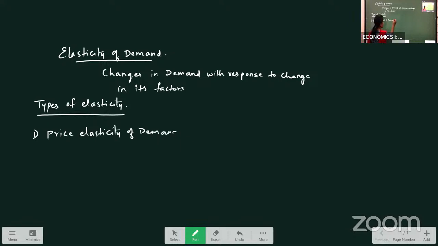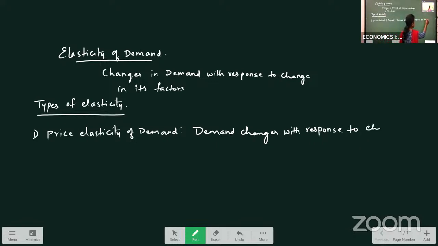The demand changes in response to change in price of the commodity. Demand changes due to change in price of the commodity, all other factors remaining constant.